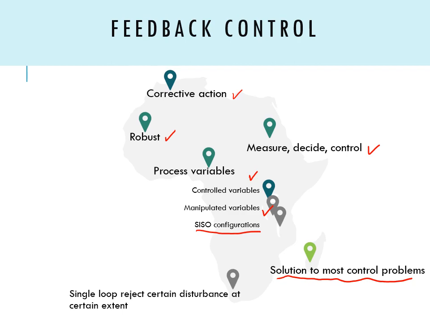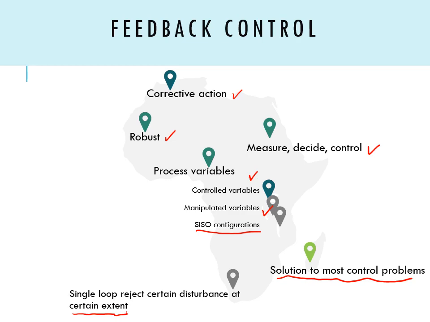The design of the feedback controller is very simple because it consists of a single loop and it rejects certain disturbances to a certain extent. That is also a drawback of this type of controller. This is the limitation of the feedback controller, because it can only manage to reject disturbance to a certain extent.